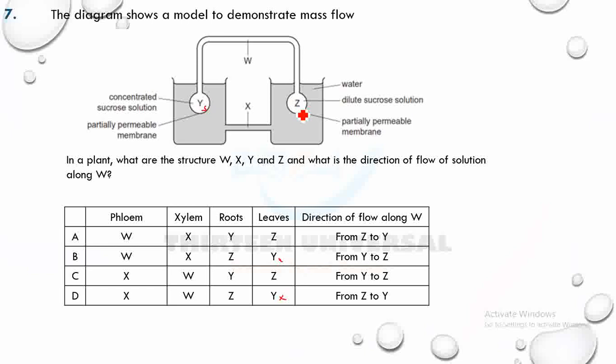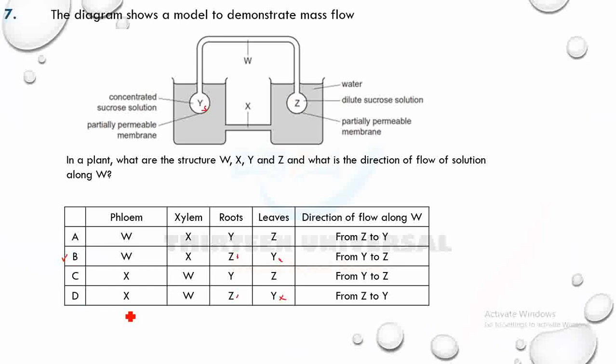So B and C have Z as the root sink. Now sucrose is going to be transported from Y to Z. So which of them is from Y to Z? See, B is the answer, right?